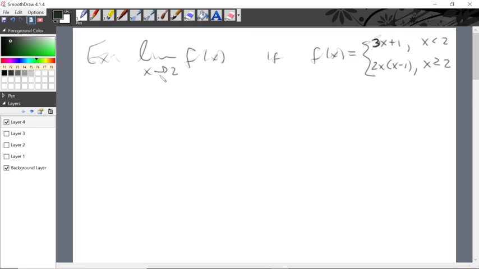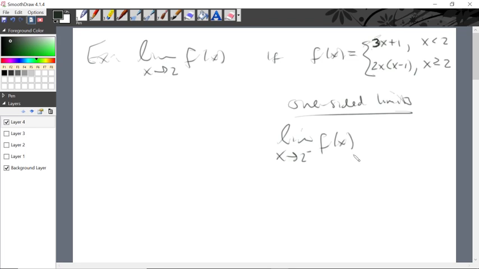Okay, so we're taking the limit as x approaches 2 of this function. So we need to consider left and right-hand limits, right? Look at the one-sided limits. Okay, we need to examine those. What is the limit as x approaches 2 from the left of f of x versus the limit as x approaches 2 from the right of f of x?